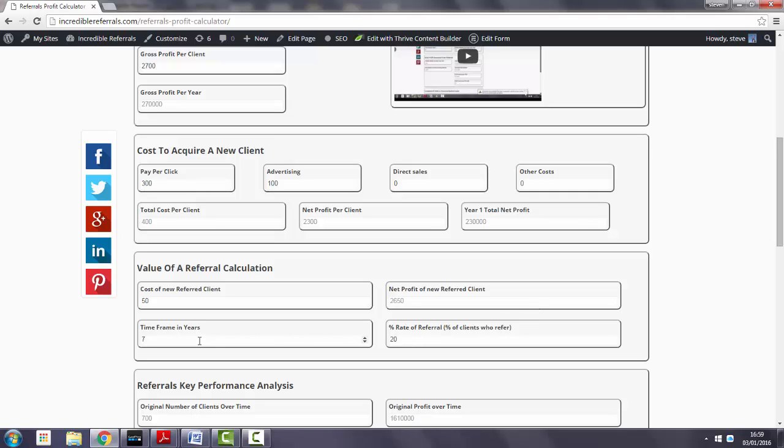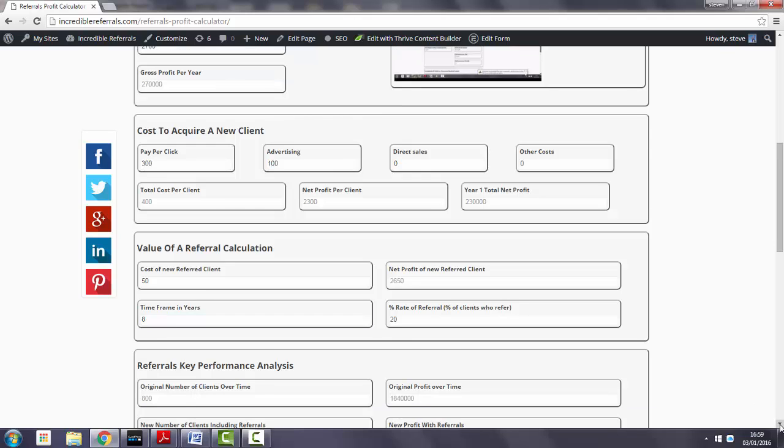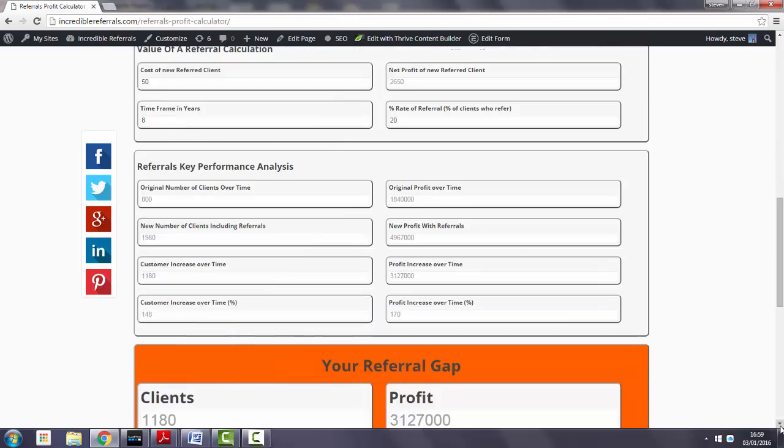There's actually an added variation here: it's widely recognised that referred clients normally have a 16% longer lifetime value. So for the longer lifetime value, I'll just put it at 8 years and you see what happens here now.